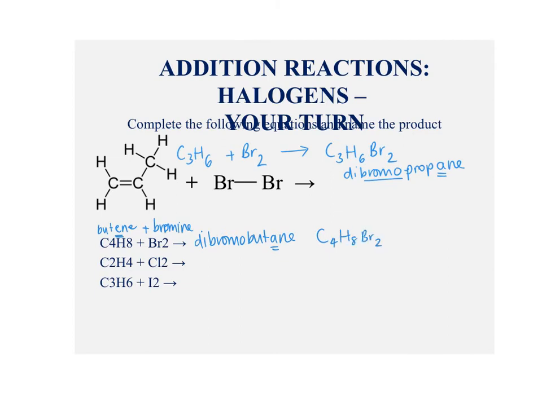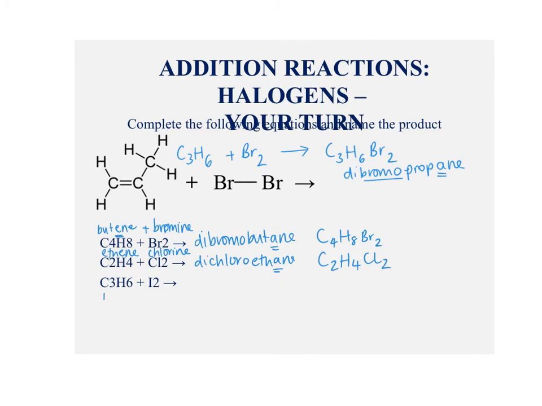Then I have ethene and chlorine, and that's going to give me dichloroethane. And again, I'm changing that, so C2H4Cl2.